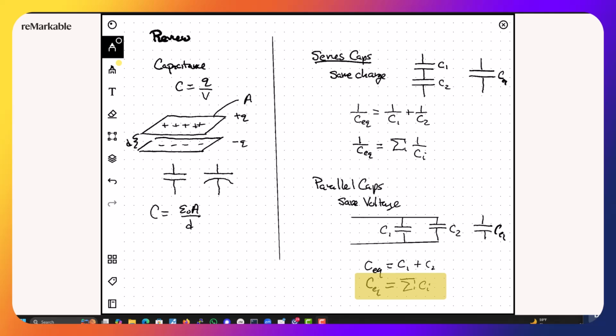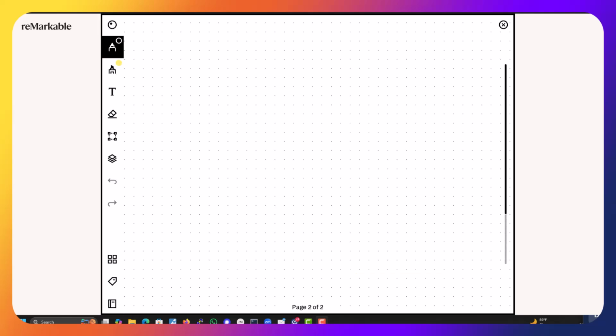There are just a couple other things with capacitors that we want to talk about. So we could ask, first of all, how can we make a capacitor bigger? How do we make big capacitors? Well, it's pretty hard to make them bigger by making a bigger area or maybe making the D smaller.